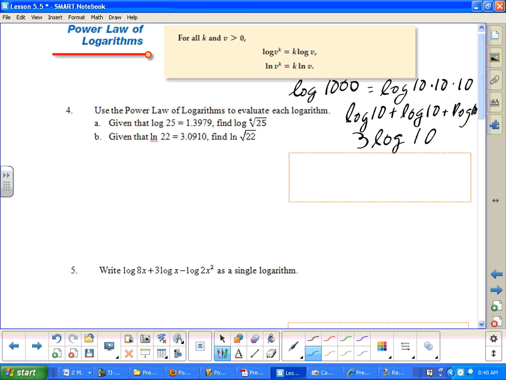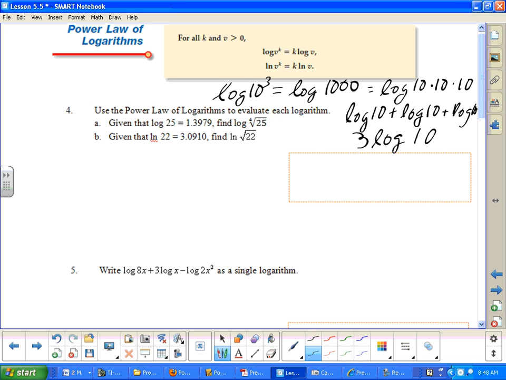Well, log of 1,000 is the same as the log of 10 cubed. So it would have been easier just to take that exponent and move it to the front. We get the same answer, 3 log of 10, versus doing this. So the power rule says that I can take the exponent and move it to the front.